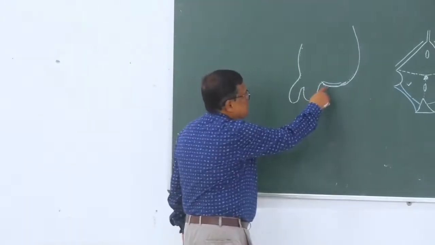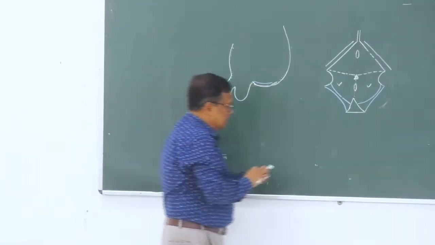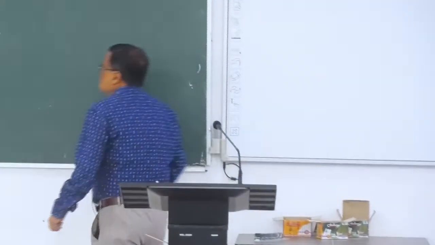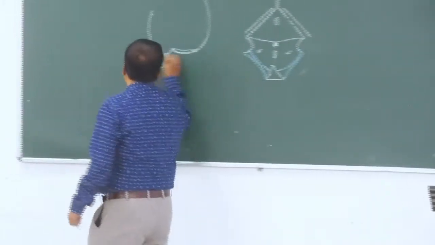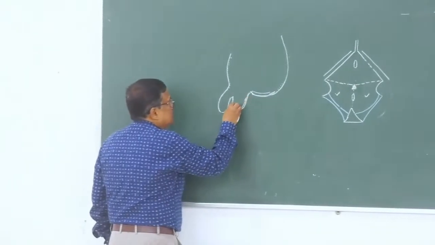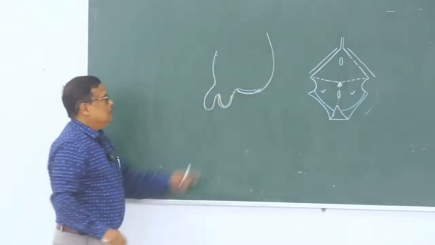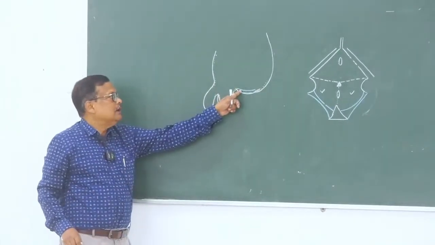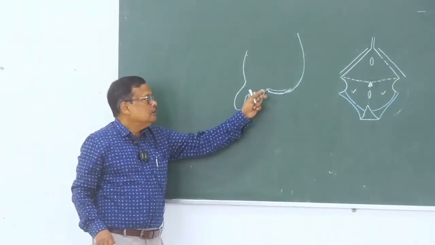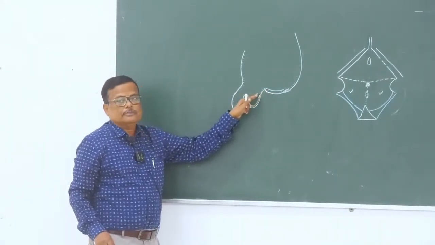This Colles fascia and the superficial layer join here and become muscular in the scrotum, and we call it the dartos layer or dartos muscular layer. That is, this superficial layer, the fatty and membranous layer, and Colles fascia are mixed together, and here smooth muscles are present.